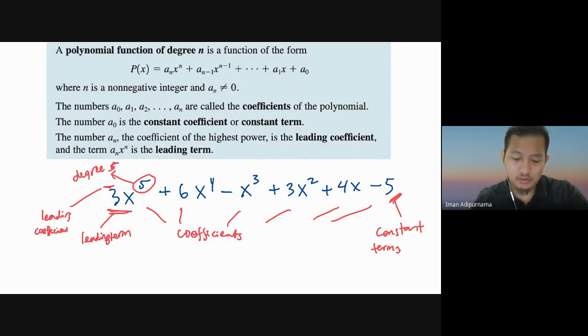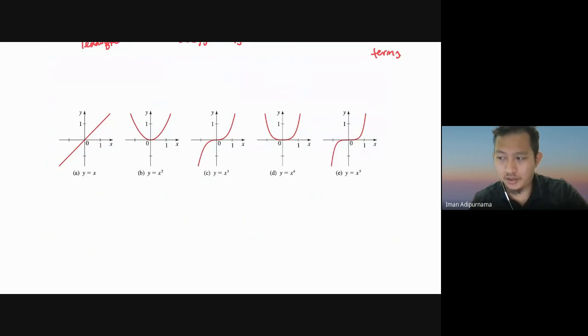Let's see our basic polynomials. We call these monomials, because they only have one certain degree. It's not like x squared plus 3, right?